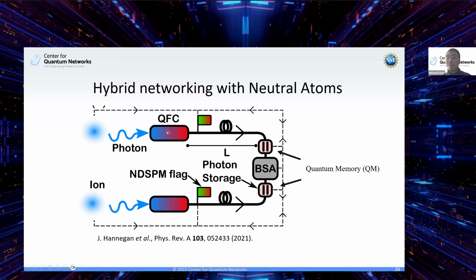you tell the other ion system to keep firing, and this system to wait. And once the other flag is raised, they can both be released to the Bell state analyzer, so that you can time synchronize the interference events, and thus up your rates of ion-photon entanglement between two ions.